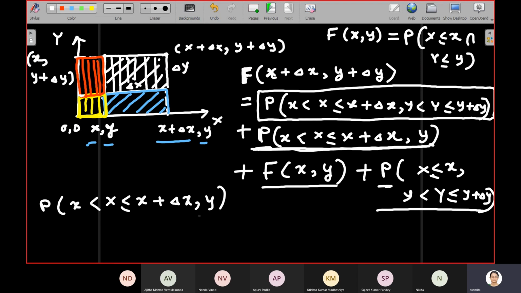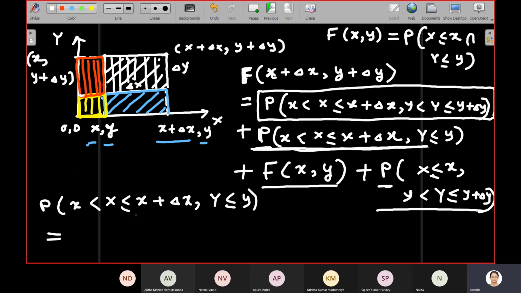When I write y, it means the function will be written on y. So what can we do with this probability so that we can express it in terms of F? I'm giving you a hint, we need to subtract two F functions.